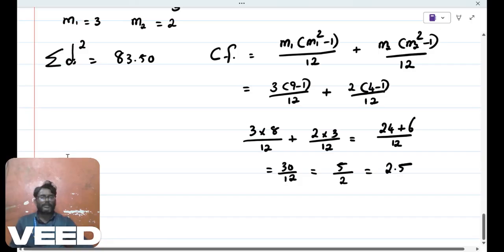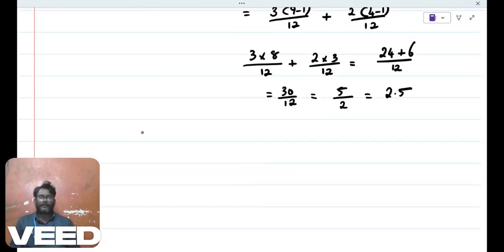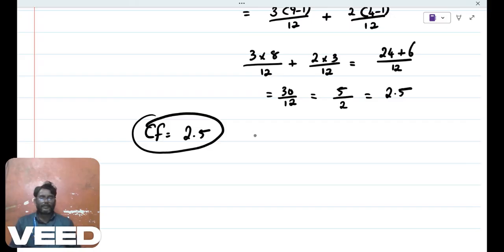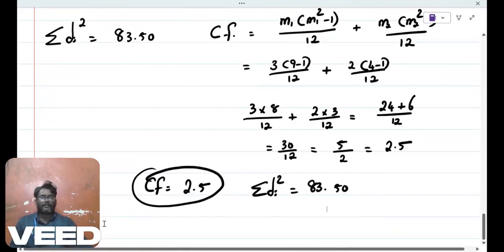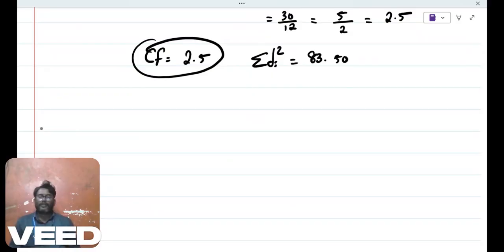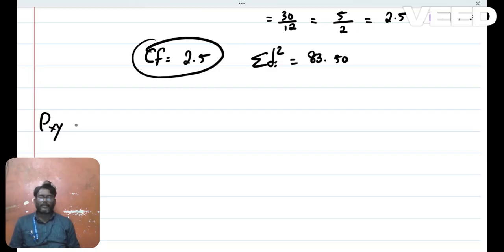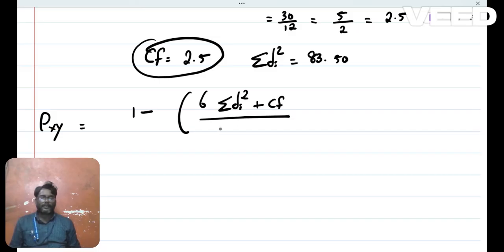So we got the correction factor as 2.5, and summation di square is equal to 83.50. Check it. Yeah, 83.50. So the formula is the rank correlation coefficient rho is equal to 1 minus 6 times summation di square plus correction factor, divided by n into n square minus 1.